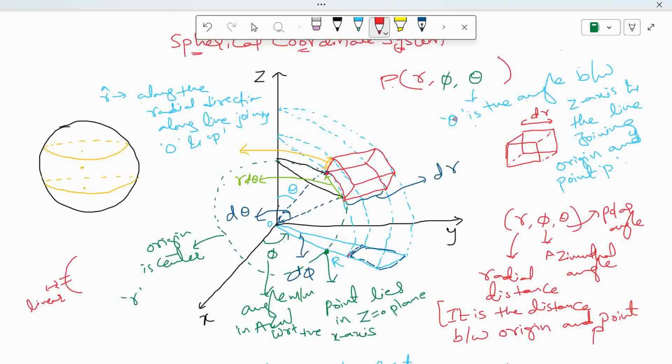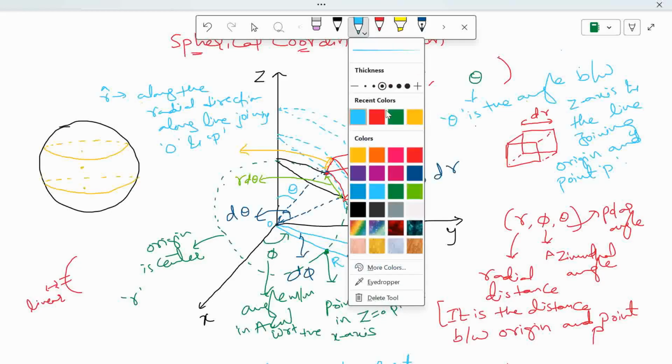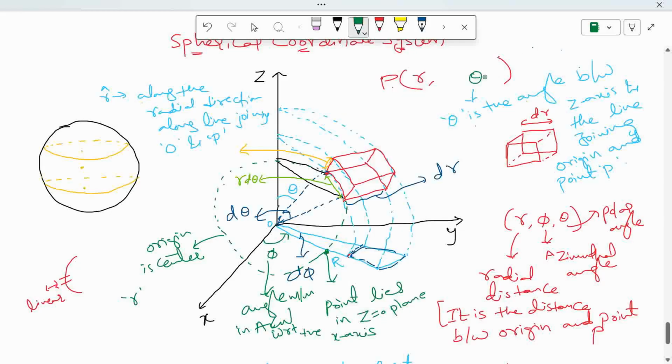I apologize. I had a confusion that these two should be interchanged. So the second one will be the polar angle. I apologize for that. Let me correct my mistake. So the second will be theta.